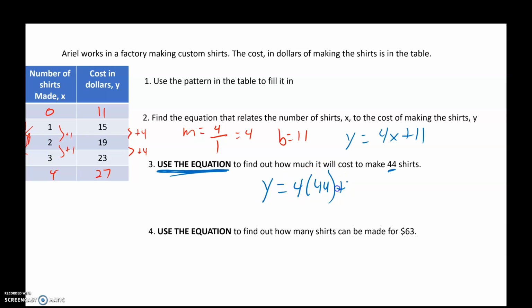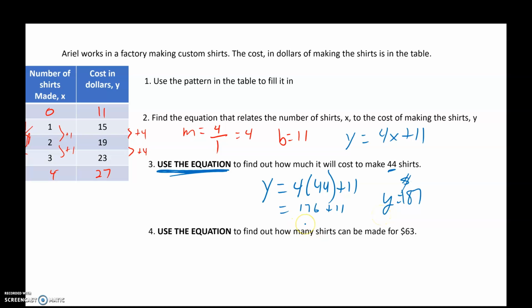So 4 times 44 plus 11. Looking on my calculator, 4 times 44 is 176, plus 11, or y equals 187. It is going to cost $187 to make 44 shirts.